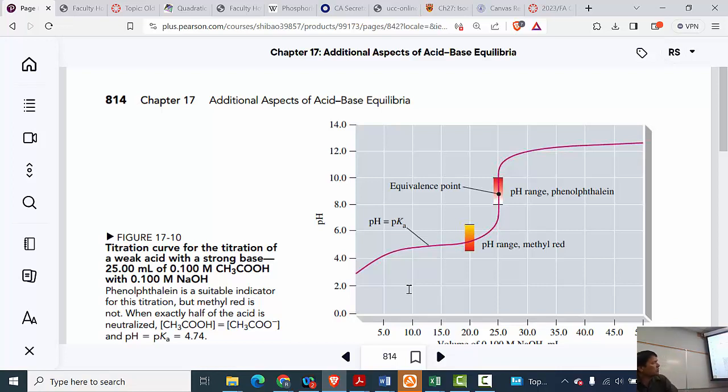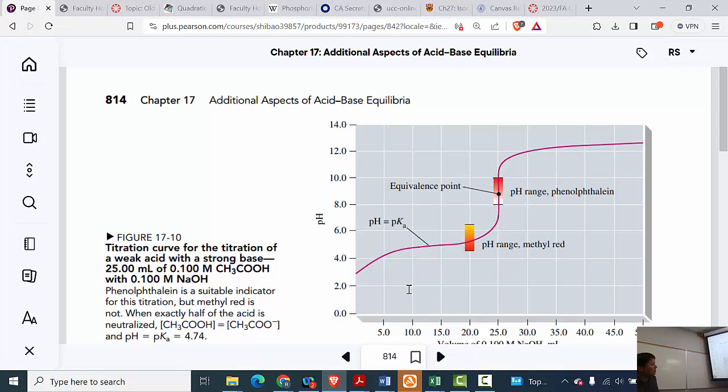And so that's a good buffer. And so the buffer region is going to extend to about a pH of pKa plus 1. So if the pH here is about 4.4, then we can go up to about 5.4. So we'll go up to about here, and then it starts to climb dramatically. Or we'll go down. If this is 4.4, we'll drop down to about 3.4 here. And then it starts to drop down more dramatically.